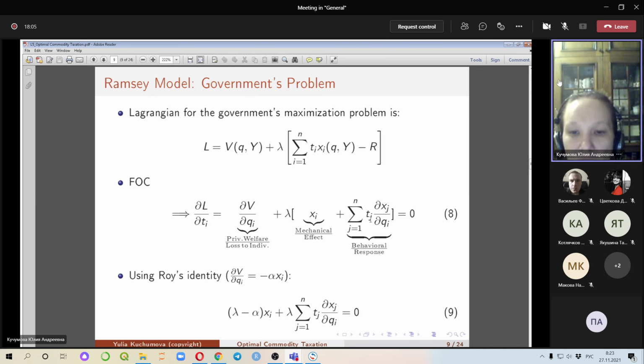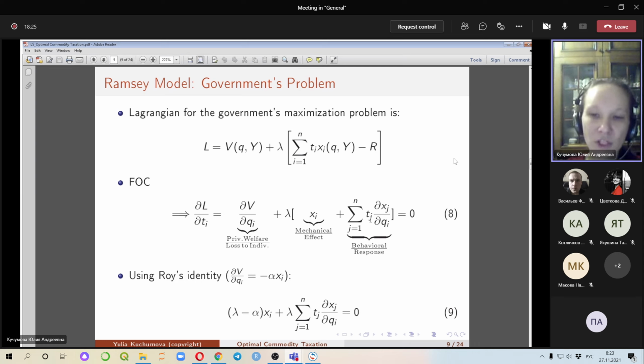Then the second term is a mechanical effect of an increase in taxes on the tax revenue. So mechanically, an increase in the tax rate would lead to an increase in the taxes.